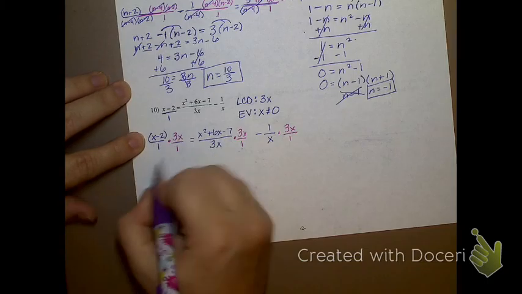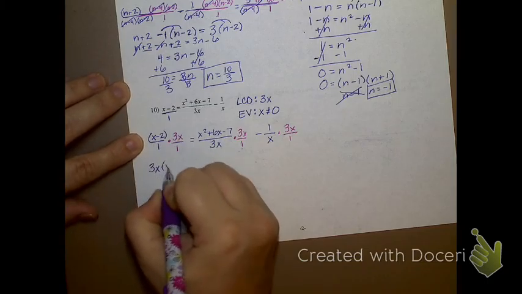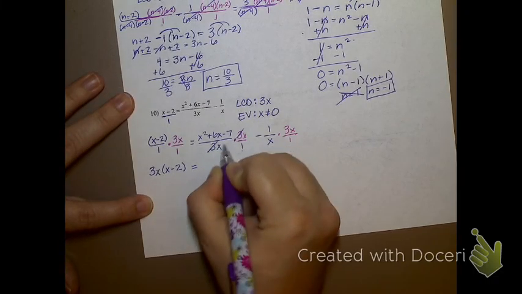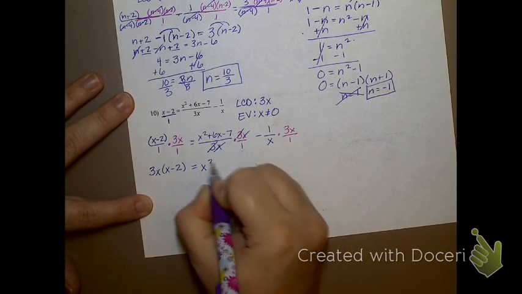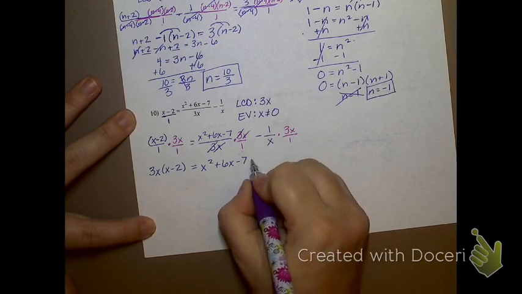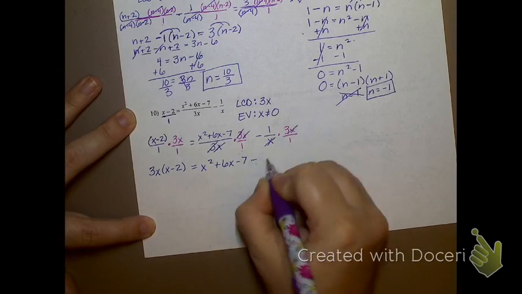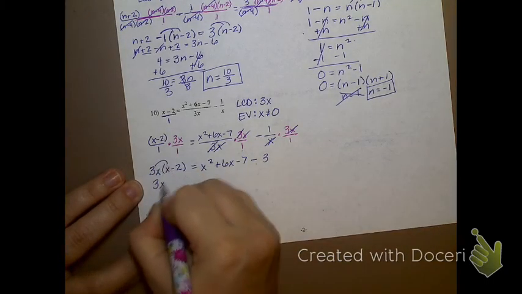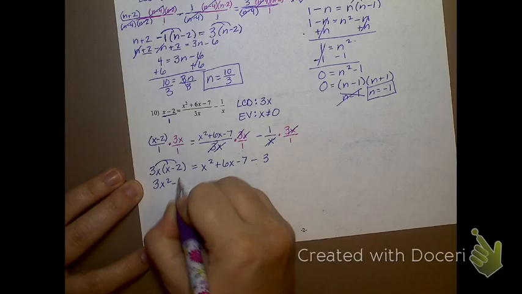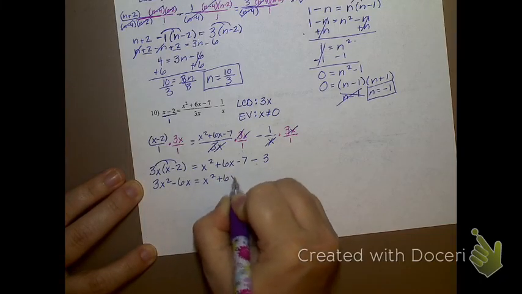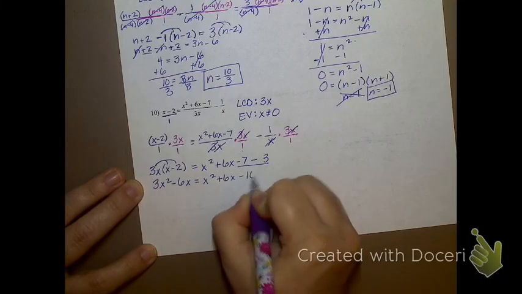So right here I have 3x, parentheses x minus 2. Here I have x squared plus 6x minus 7 minus 3. So let's see, 3x squared minus 6x equals x squared plus 6x minus 10.